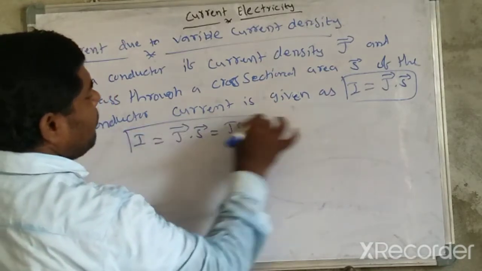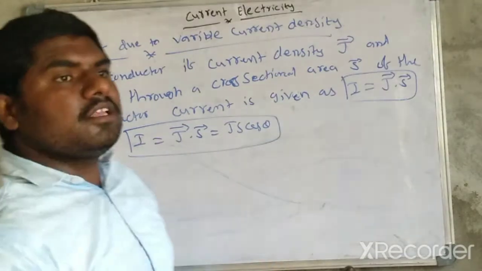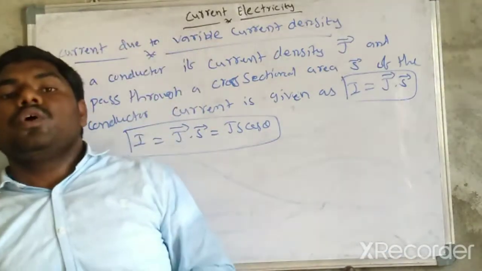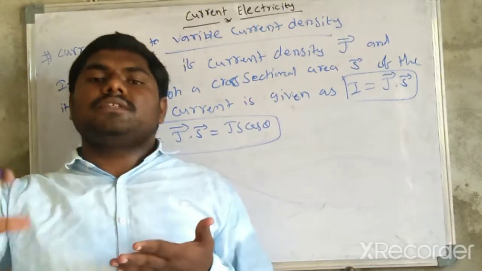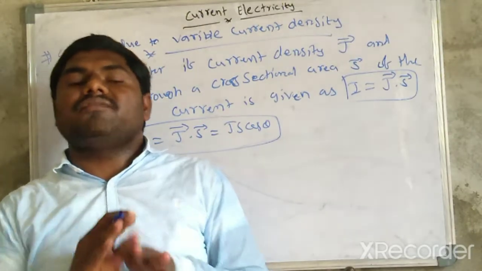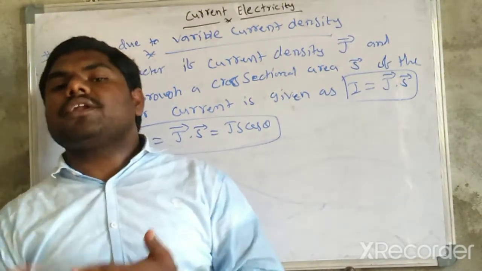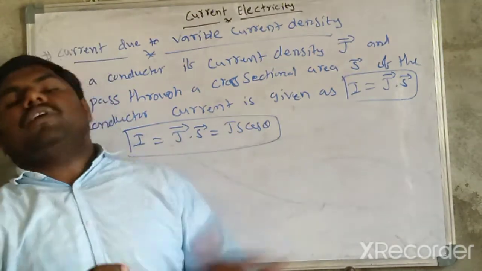We discussed this in the previous case. This formula is applicable only for a continuous conductor, not a variable conductor. So if it is a continuous conductor, you may use this formula.